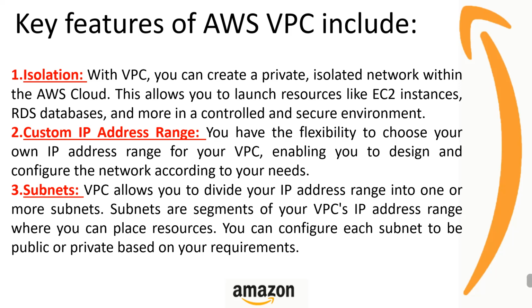And next is the custom IP address range. You have the flexibility to choose your own IP address range. Own IP address range means, suppose I want to mention the IP address, like you already know the IP classes, class A and class B. This is the IP class range.